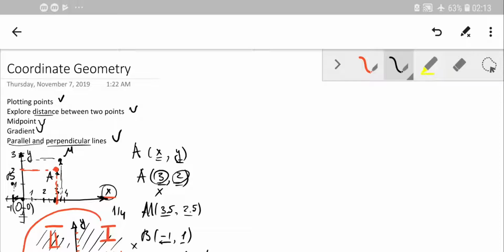Feel free to always use this coordinate geometry as a reference in your studying and in different problems. Okay, so thank you guys, see you soon.